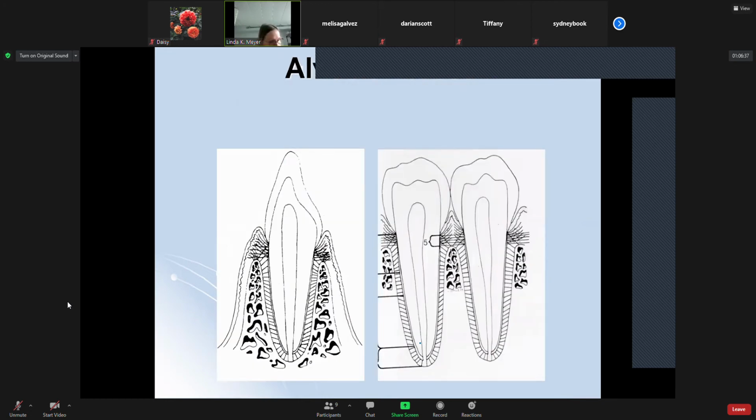Okay, let's go to the alveolar crest. I didn't repeat these pictures again. I do have some actual pictures of the jaws there, but just remember the most coronal boundary, on this buccal lingual view or this mesial distal view, the highest point of the alveolar bone is the alveolar crest. So it's that most coronal boundary of the alveolar bone.